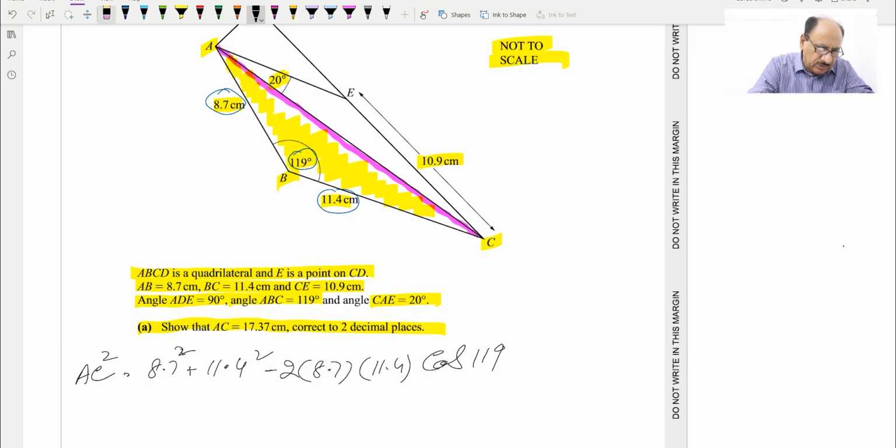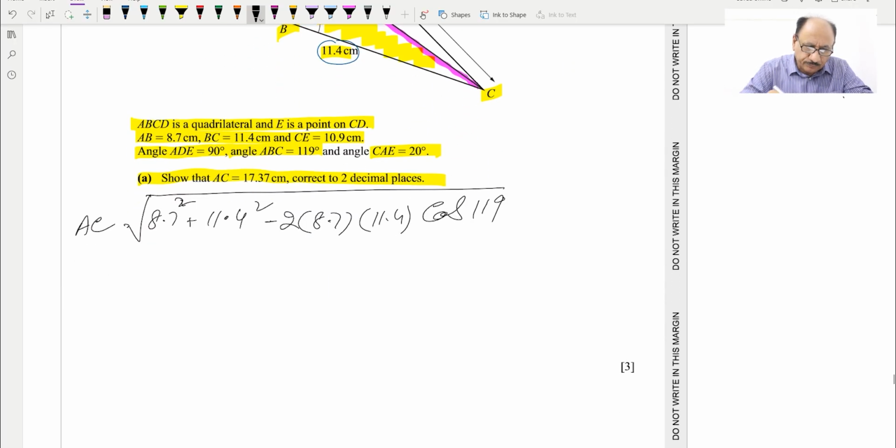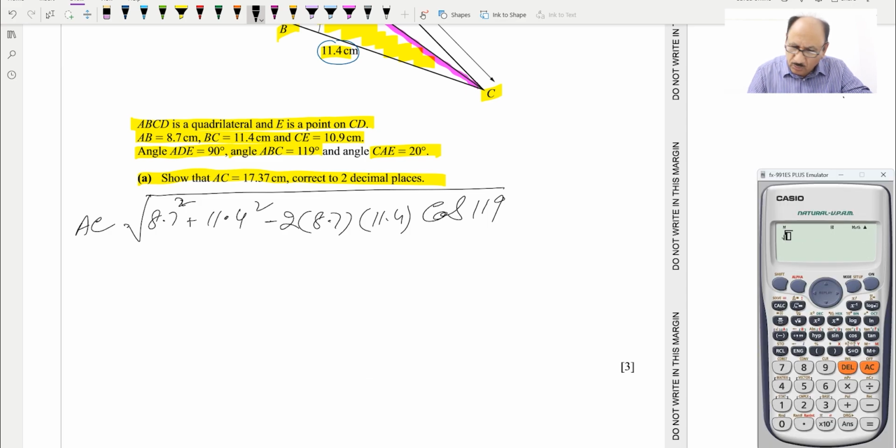So we can basically remove this, and we can take the square root. And now we can calculate this. So it will be square root of 8.7 square plus 11.4 square minus 2 into 8.7 into 11.4 and cos of 119, bracket close, is equal to 17.372.